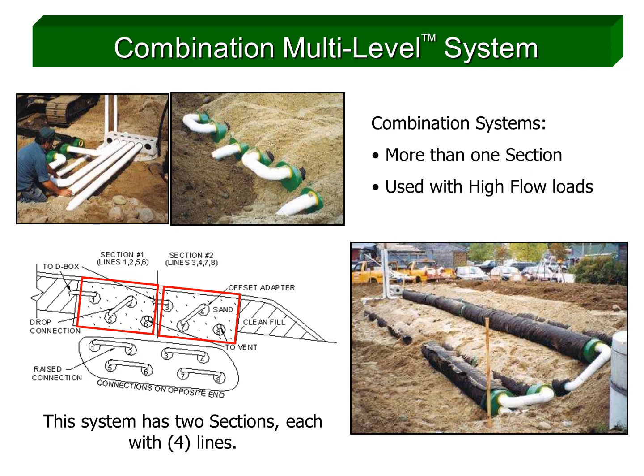As with all distribution boxes that divide flow, equalizers are required for all combination systems, including in multi-level systems. You can also see in the lower right picture a multi-level combination system being constructed, with the last serial section still to be assembled.